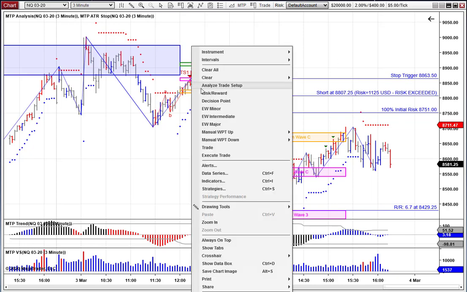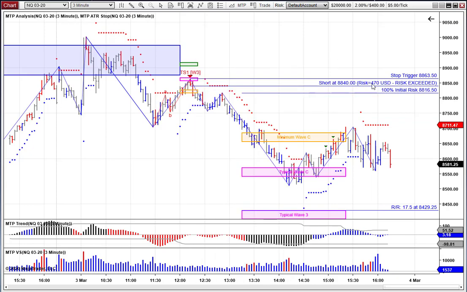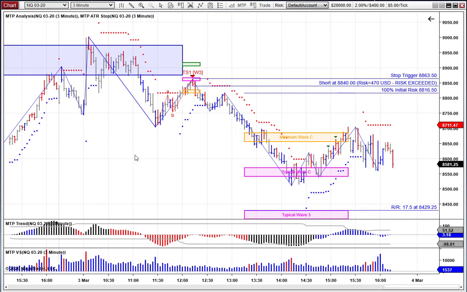That one there. The risk would have been exceeded. It would have been greater than the 2% of a sample $20,000 account. So with the big moves over the last week, even the standard NQ, the initial risk would be too big for our standard $20,000 account and 2% risk.